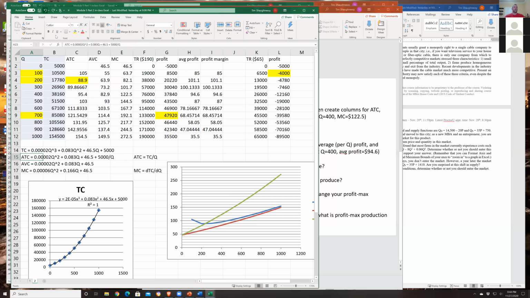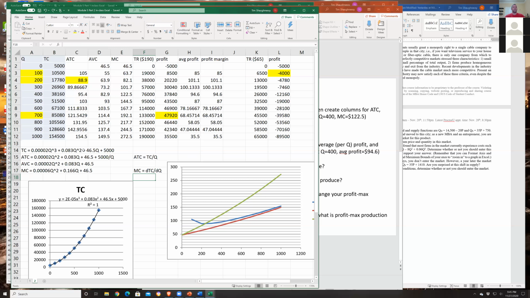Marginal cost is the derivative of total cost with respect to Q. So you've got your total cost equation here. For the derivative of the first term, you pull the 3 down and multiply it by its coefficient. So 3 times 0.00002 equals 0.00006, then you get Q squared.